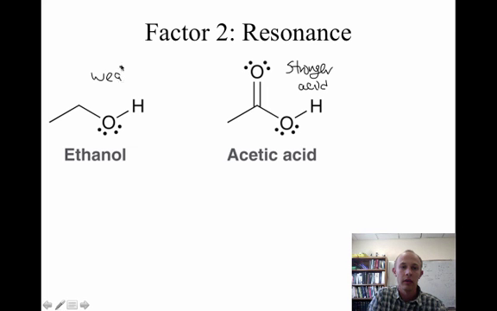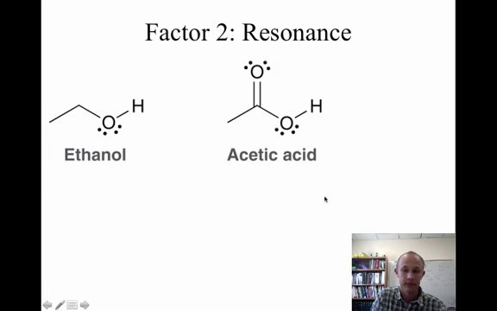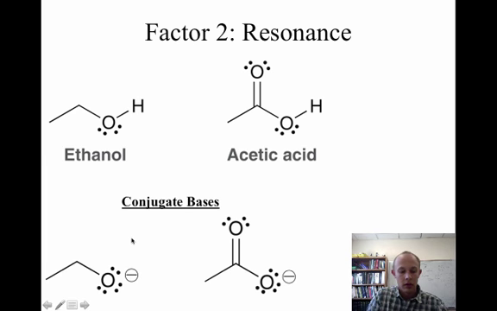Ethanol will be the weaker acid, and in all cases, if the conjugate base has resonance, then the corresponding acid is stronger. All right. Like I said, notice this doesn't have resonance. This one does. This is more stable, so this is a stronger acid.